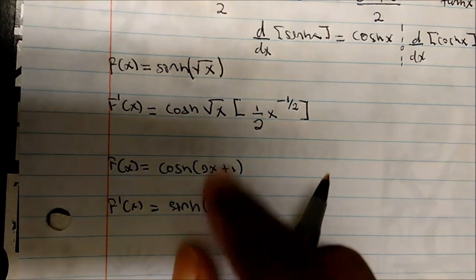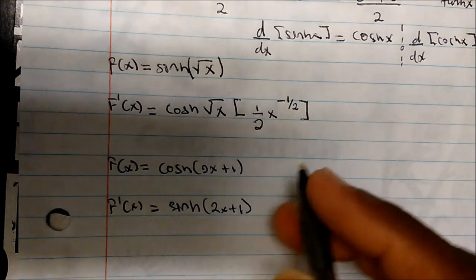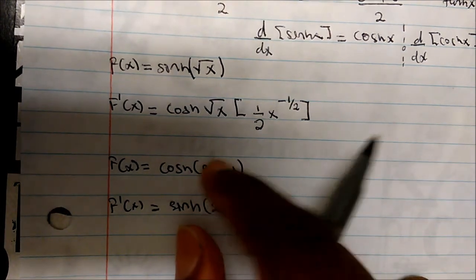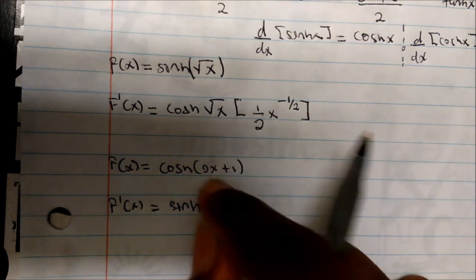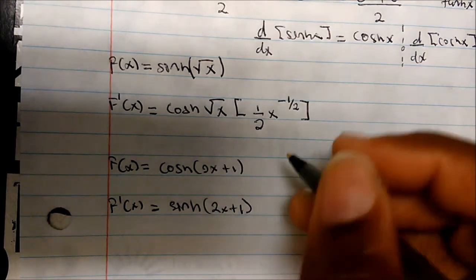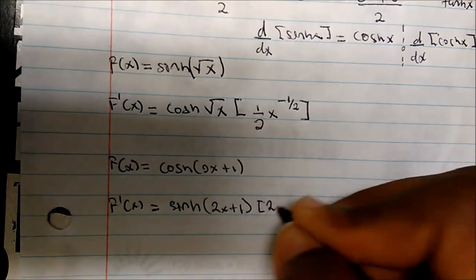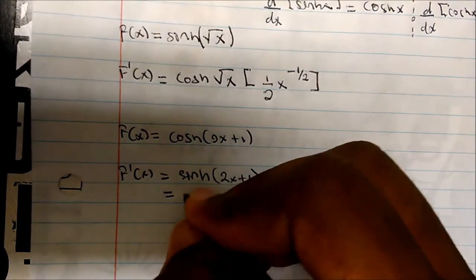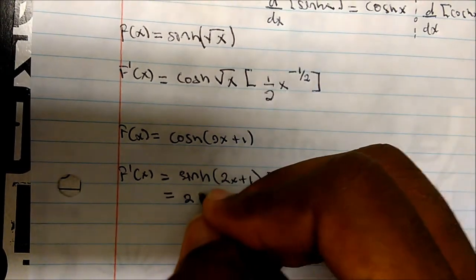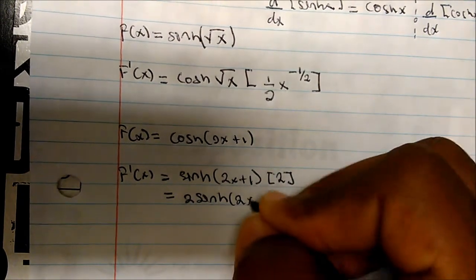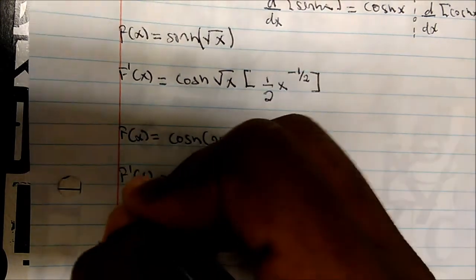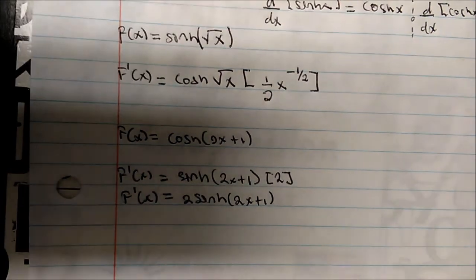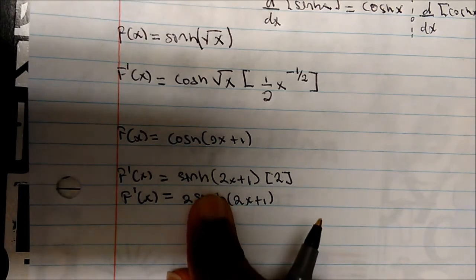And again, we should recognize that this has an argument, so we're going to use the chain rule. The derivative of the inside is just 2, because the derivative of 1 is 0 and the derivative of 2x is 2. So this is multiplied by 2. Put the constant in front, and the derivative turns out to be 2 sine hyperbolic of 2x plus 1. So this will be my answer.